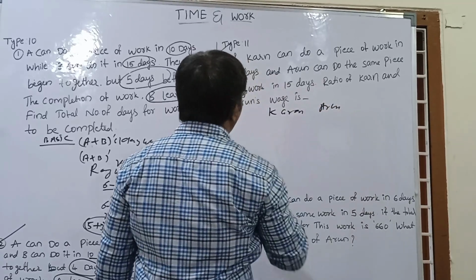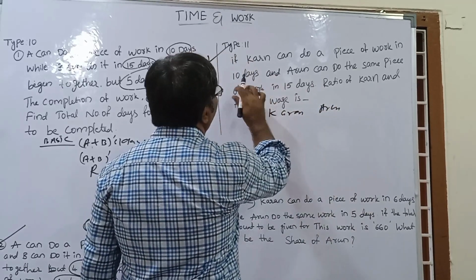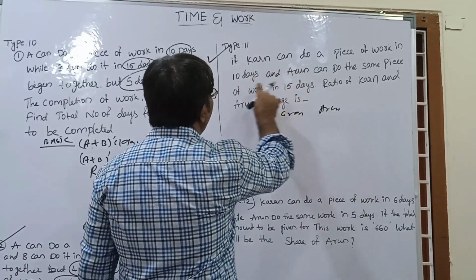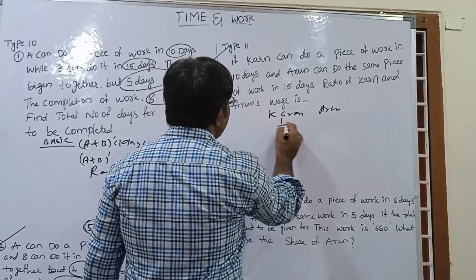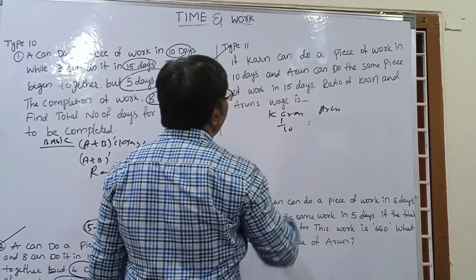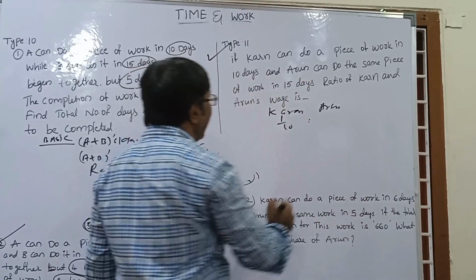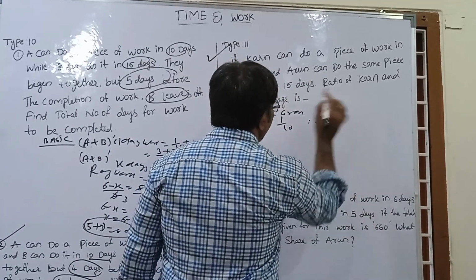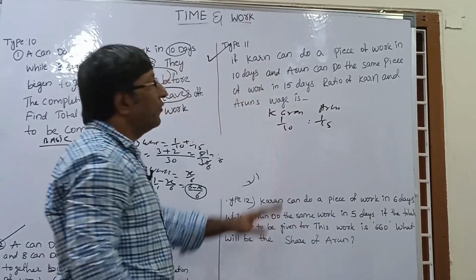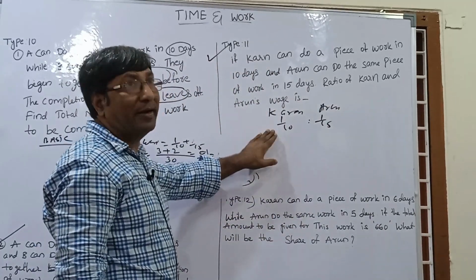What is the ratio of 1 day's work? Karan does the work in 10 days, so in 1 day it is 1 by 10. Similarly, Arun does the same work in 15 days, so this is 1 by 15. This is the ratio of the work of both Karan and Arun.